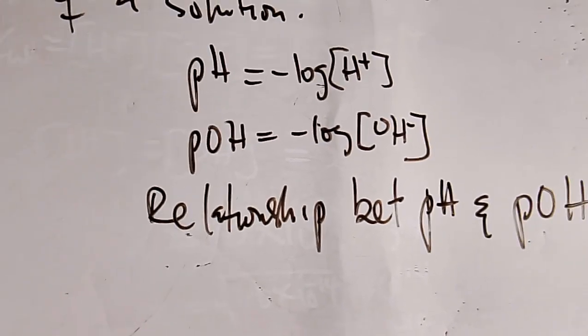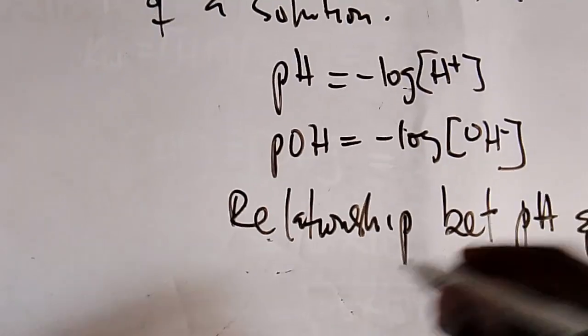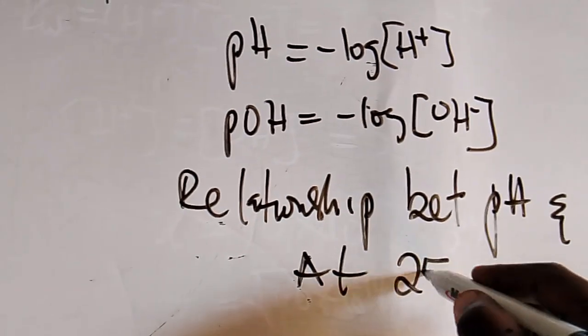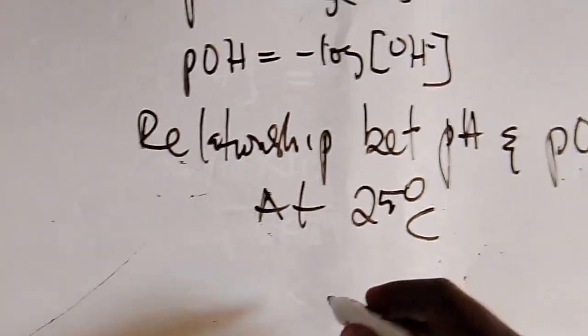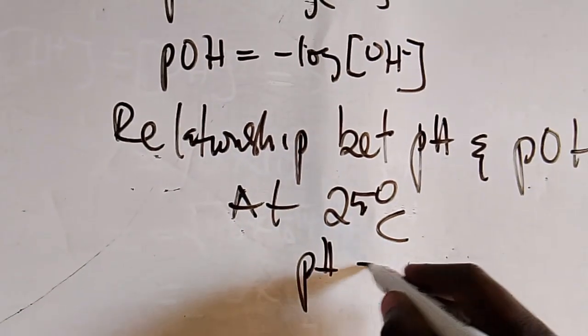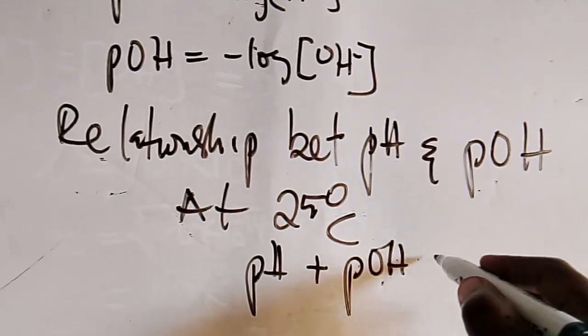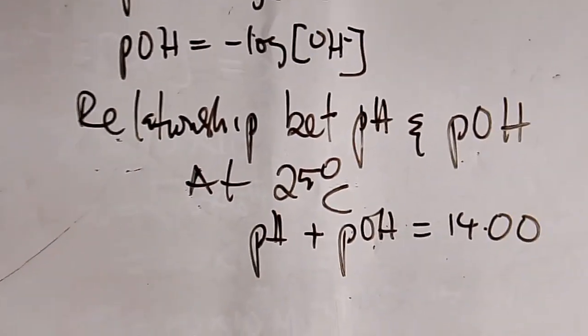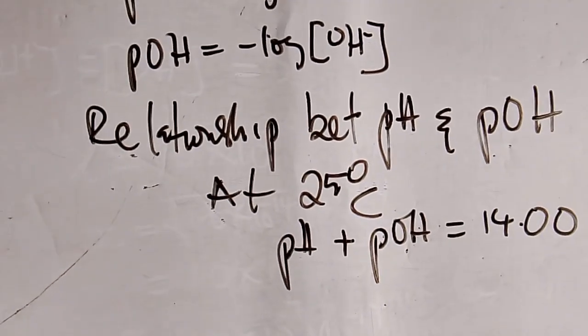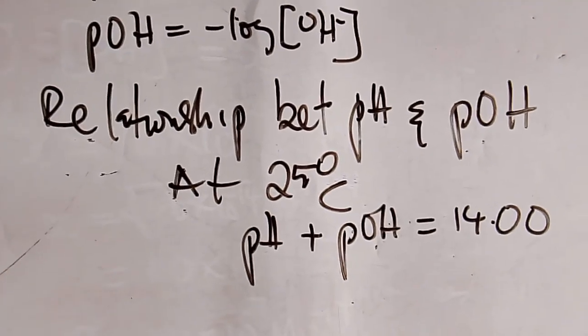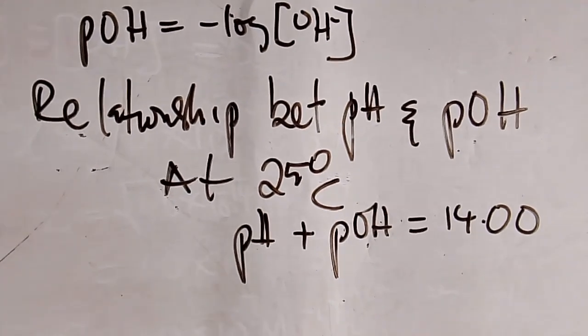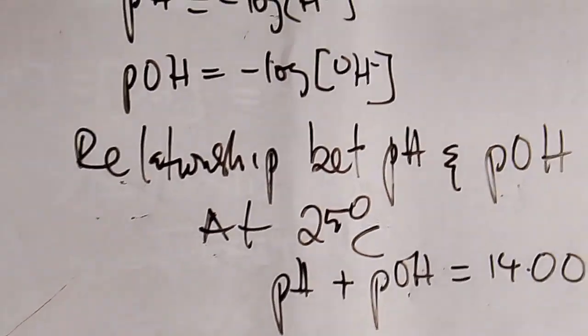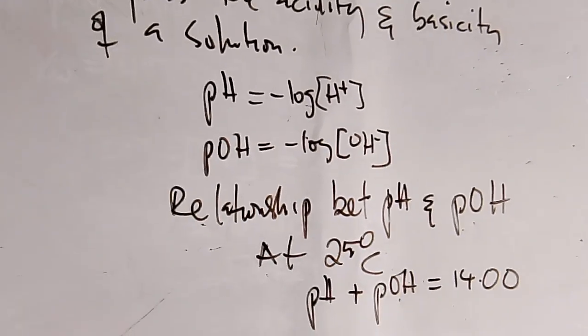At 25 degrees Celsius, pH plus pOH is equal to 14.00. So that's the relationship.